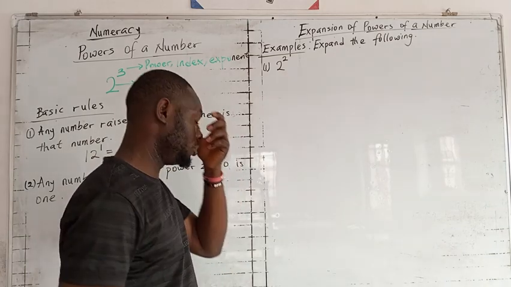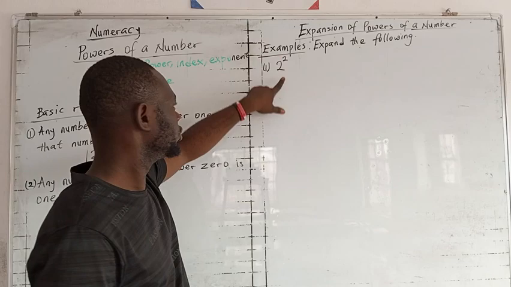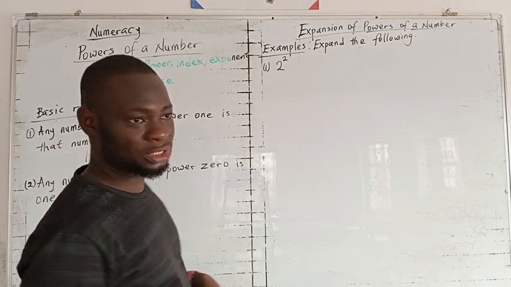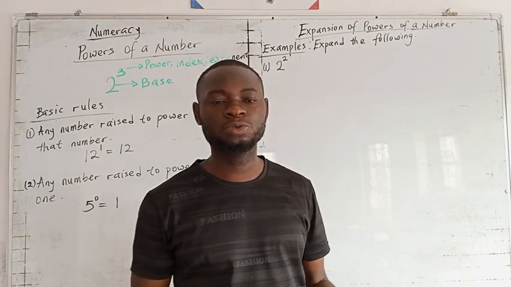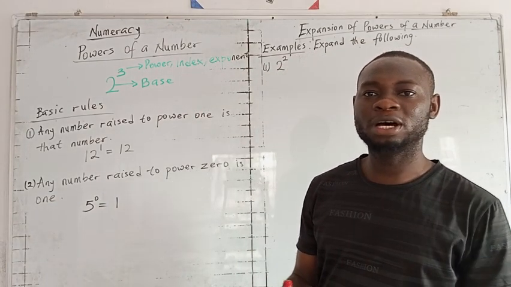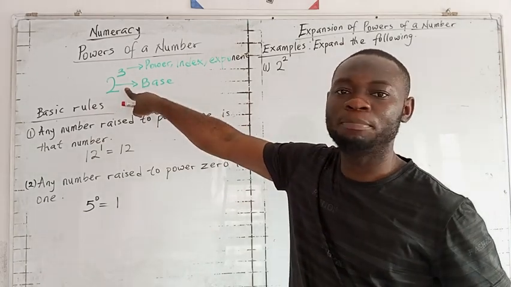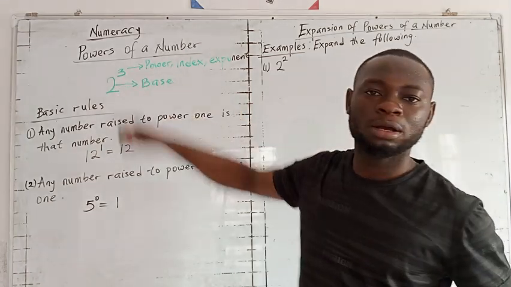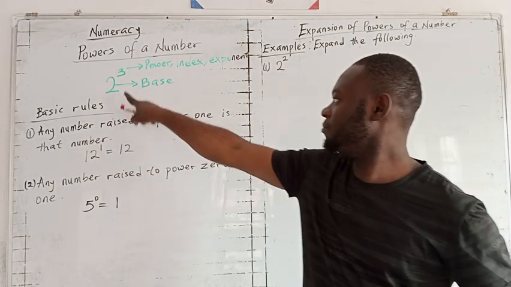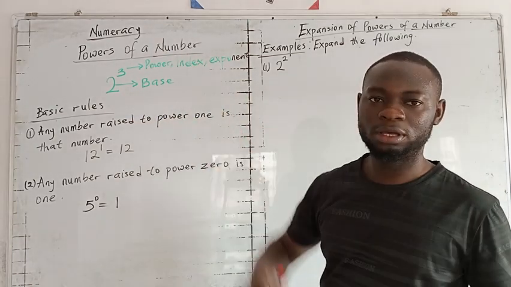Okay? Now if you notice here, we have 2 raised to power 2. And in order to expand, just like I said when I was explaining the basic rules of powers of a number, when we expand numbers, we simply multiply the base number in the number of times of the power.